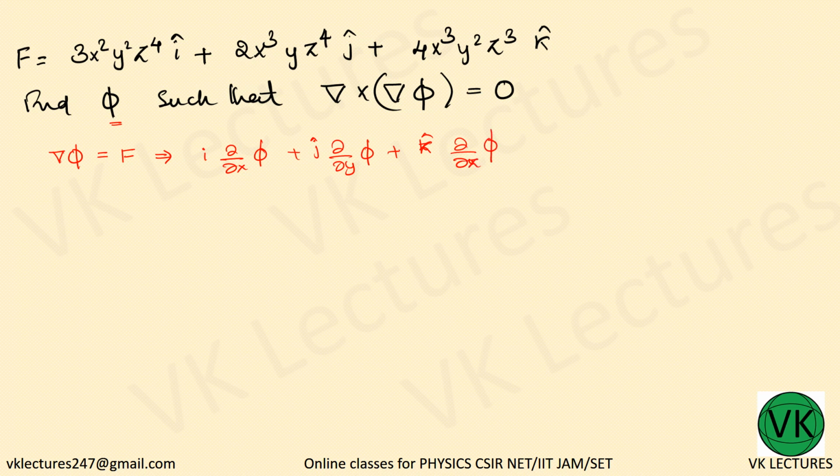Now let us take the first term, dou by dou x of phi. So dou by dou x of phi is equal to 3x square y square z power 4. Which means phi is equal to, integrating this, 3x cube by 3 y square z power 4. So that's equal to x cube y square z to the power 4.